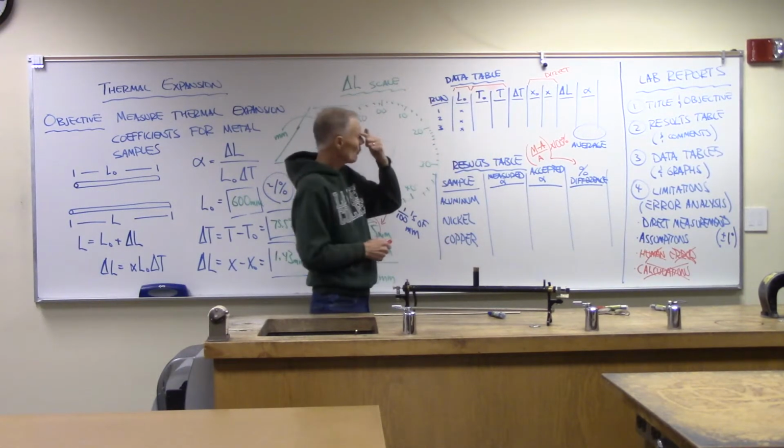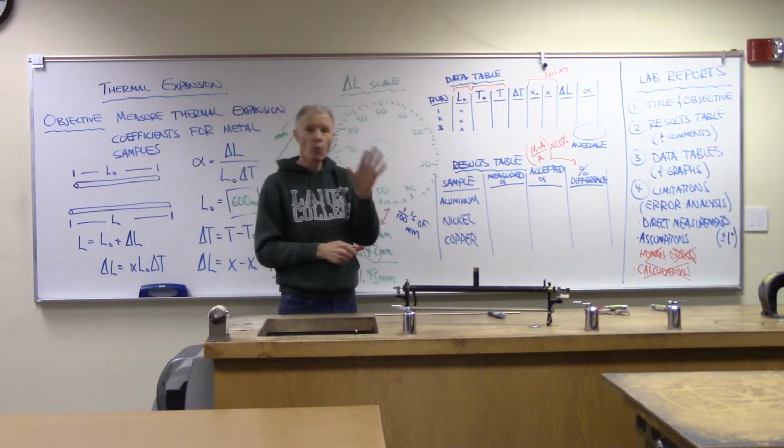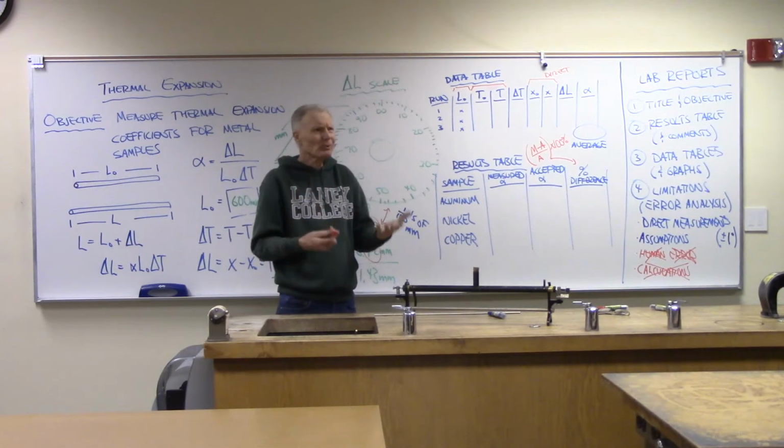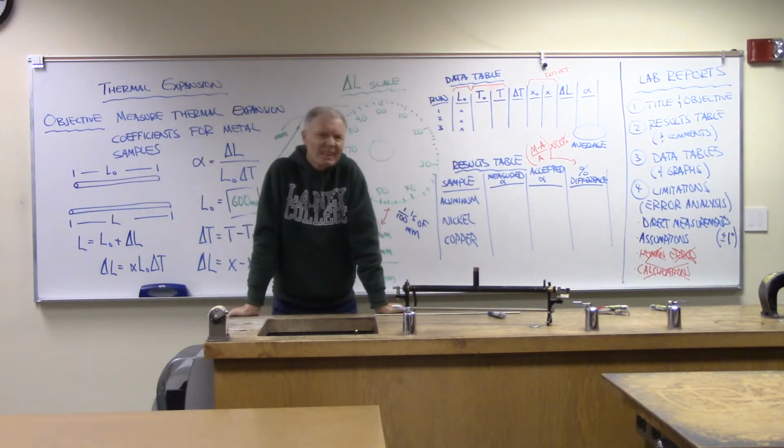Now, when we do a measurement, if we do it once, we're really not sure how reliable that was. We may have done everything very carefully and feel like everything went pretty well, but it's so useful to come back and do a second and typically a third measurement.